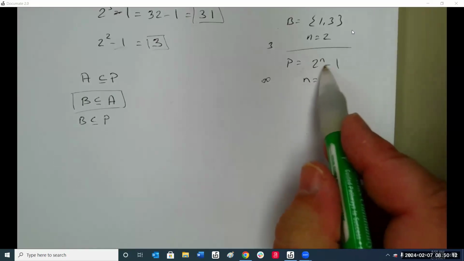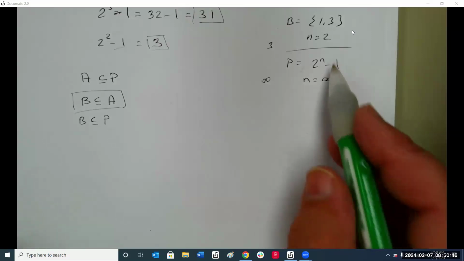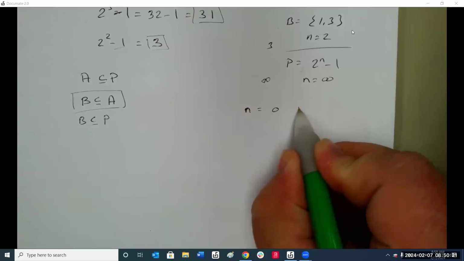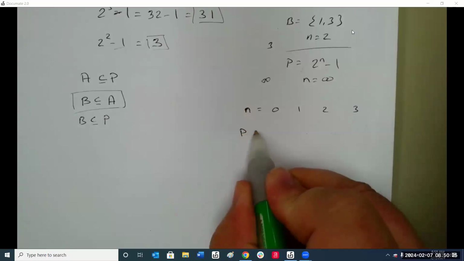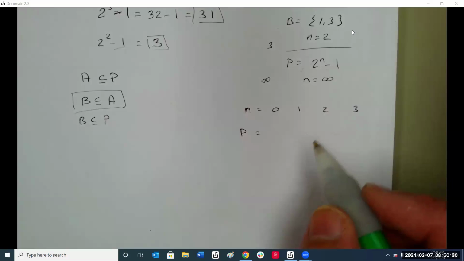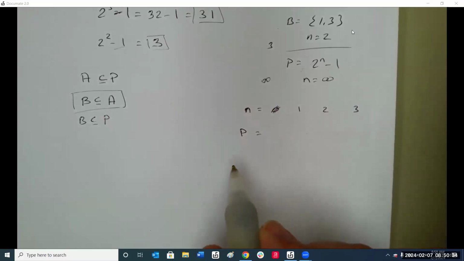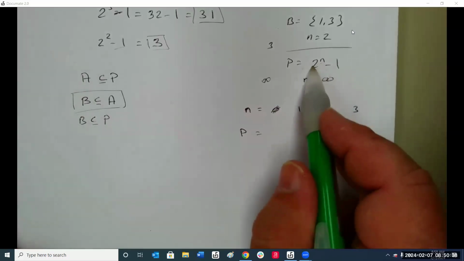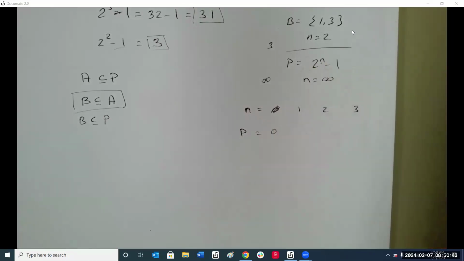What are the first 3 or 4 elements of this one? We can't use 0 because remember we're talking about natural numbers. No, because 2 to the 0 is 1, 1 minus 1 would be 0 also.